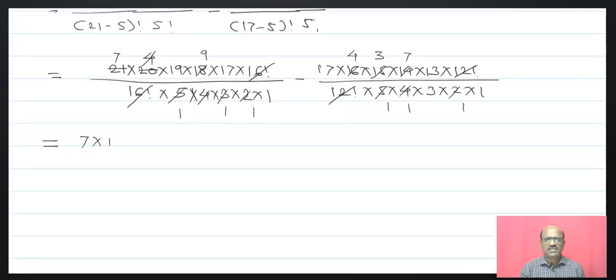Therefore, the multiplication is 7 into 19 into 9 into 17 minus 17 into 4 into 3 into 30, and perform the calculation.